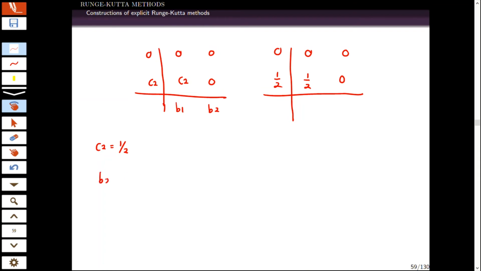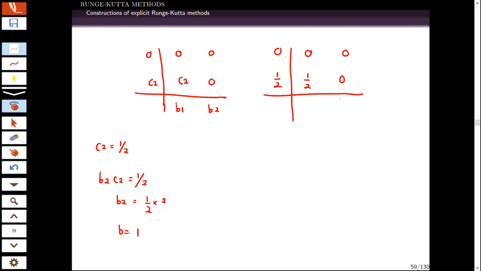Now we know that B2 C2 equals to half. If C2 is half, what is B2? 1 over 2 times 2, half. Bring it to your right hand side, where B2 equals to 1.